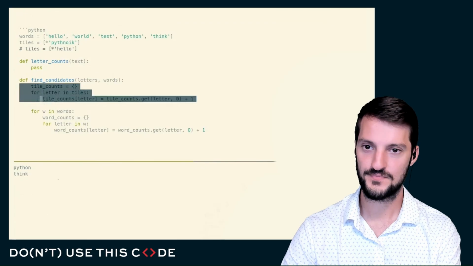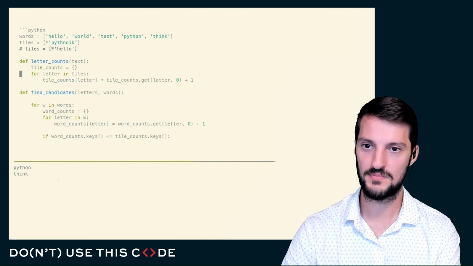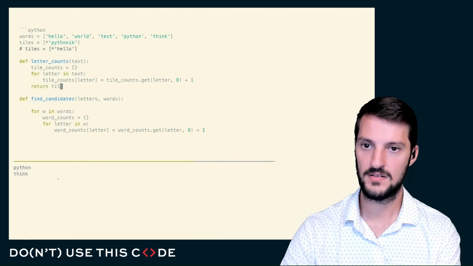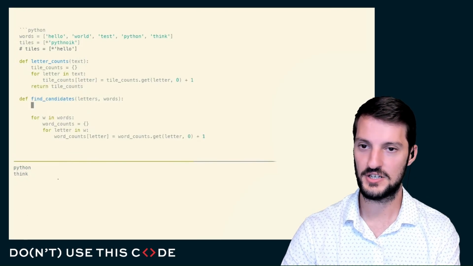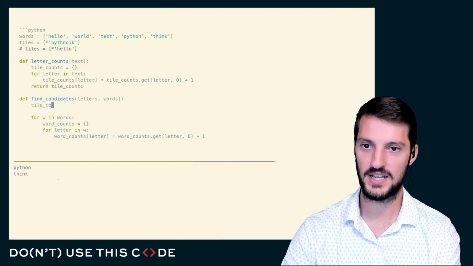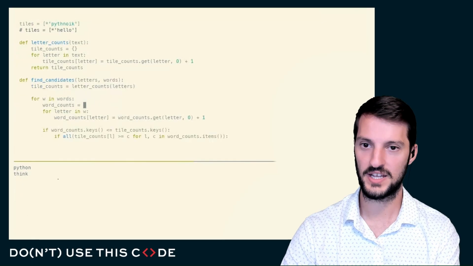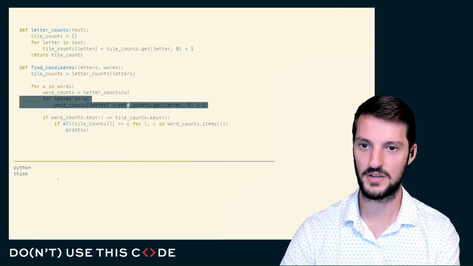And then we would just use this pattern here. And then I'll return a dictionary. So here we would have tile counts is equal to letter counts of the letters. And then the word counts is equal to the letter counts of the current word that we're looking at.